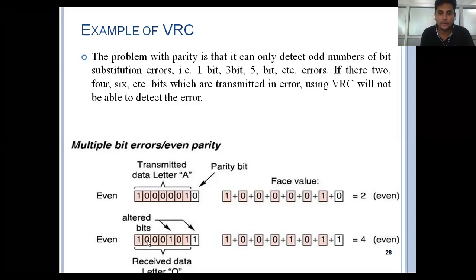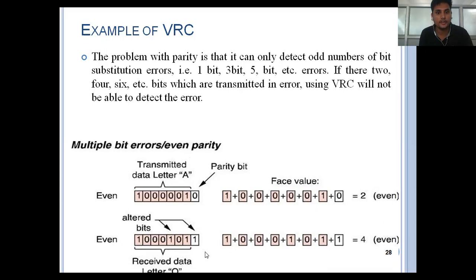In the next example, the data we have to transmit is 1000101. This is odd parity, because the number of ones here is 3. Count them: 1, 2, 3. As per the VRC, vertical redundancy check rule, the generator generates 1 and adds that 1 to the original data.